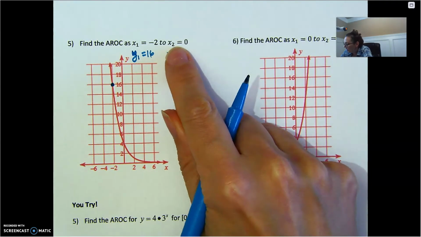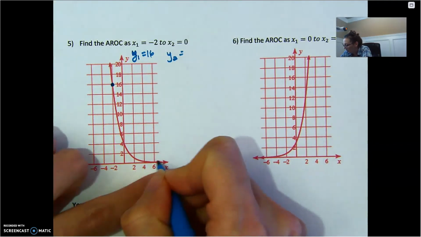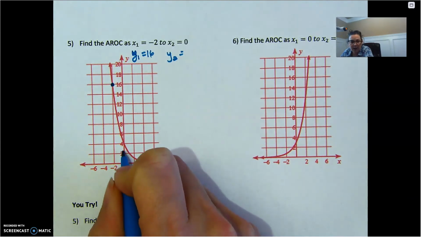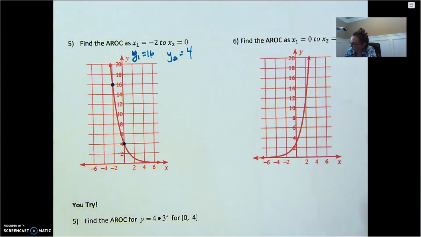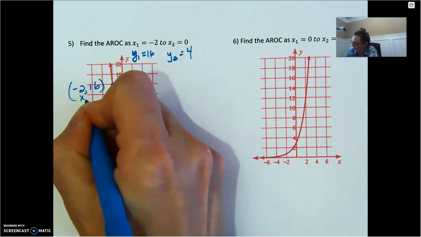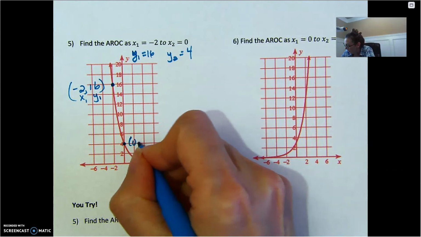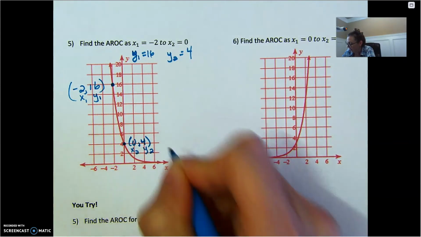Over here, if x is 0, so if I don't go right or left at all and I just stay here at 0, then the y at this spot is a 4. So I've got this ordered pair, -2, 16 for my first point. Then I have this other point, 0, 4, and that's going to be my second x and my second y.